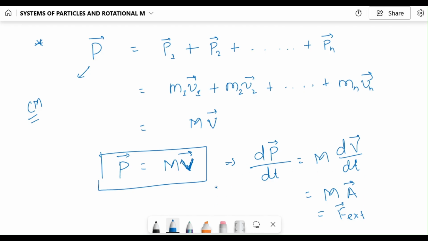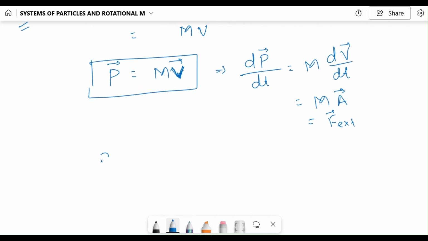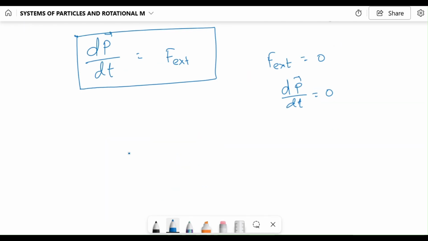So finally, we can write dp by dt is F external. And in case F external is 0, then dp by dt is 0, and this p is a constant.